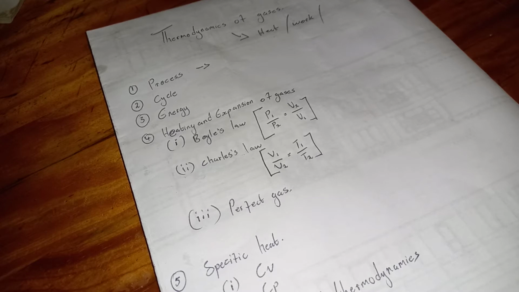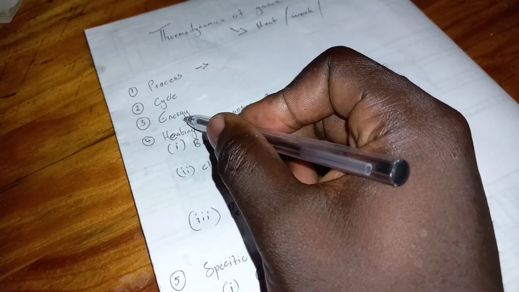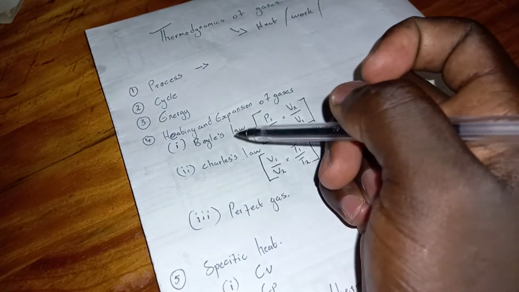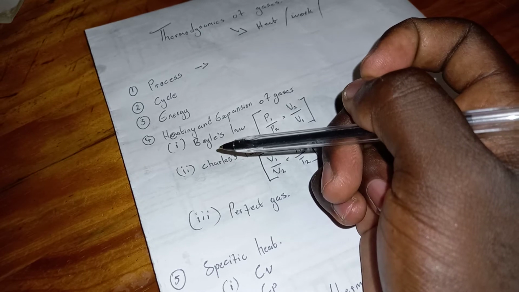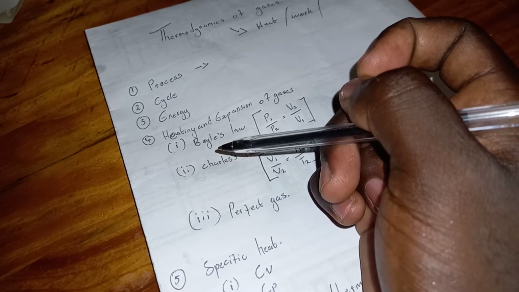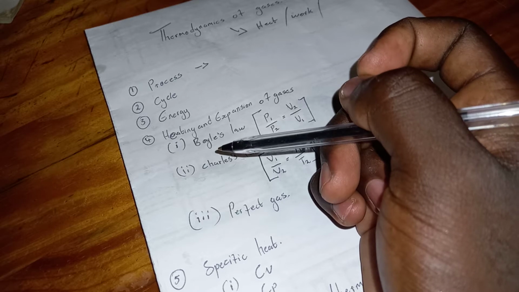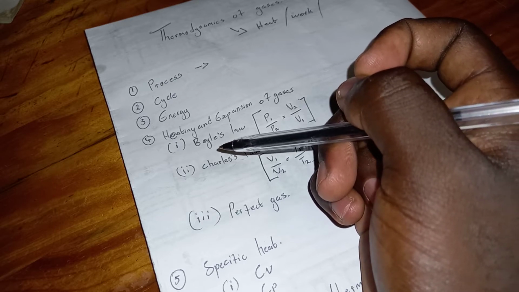Energy is defined as the capacity that a substance or a body possesses, which can result in performance of work. So if something has energy, it possesses a certain capacity, and that capacity can result in performance of work.